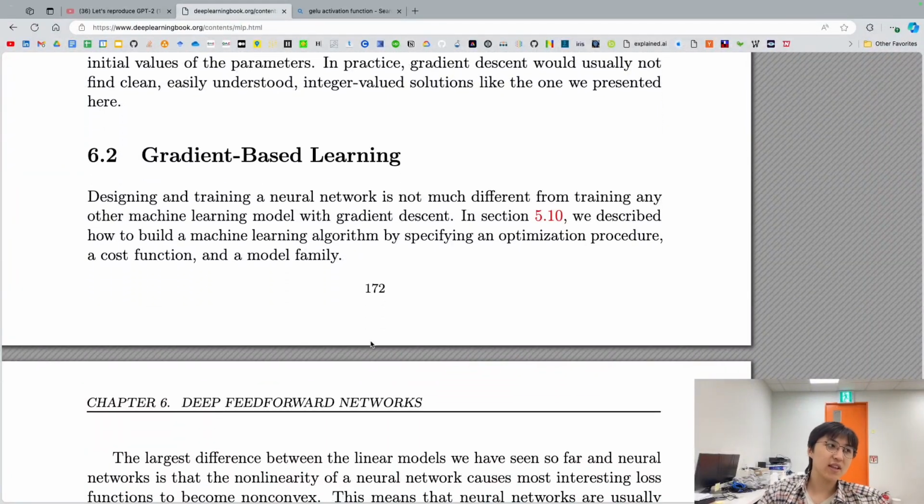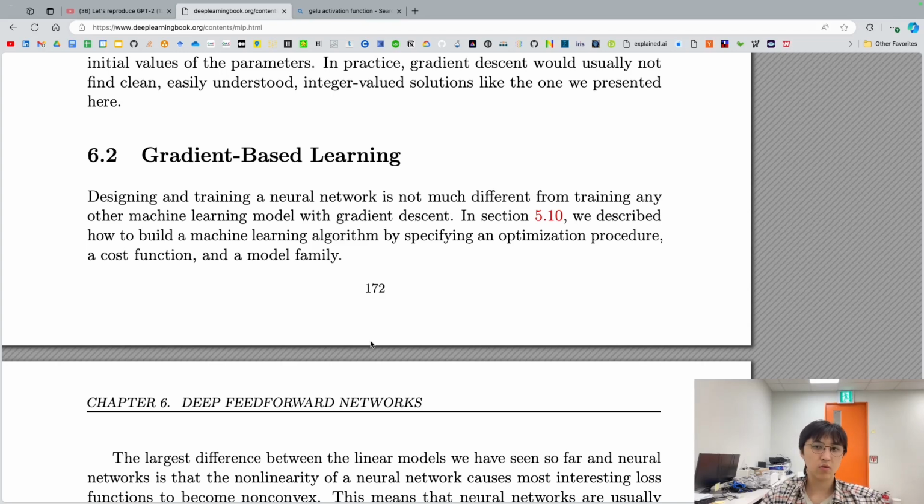So let's talk about gradient-based learning. As we talked about gradient descent, it is iterative and it helps to find the minimum of a function. Using gradient descent based learning in feed-forward networks is pretty much the same as in machine learning.